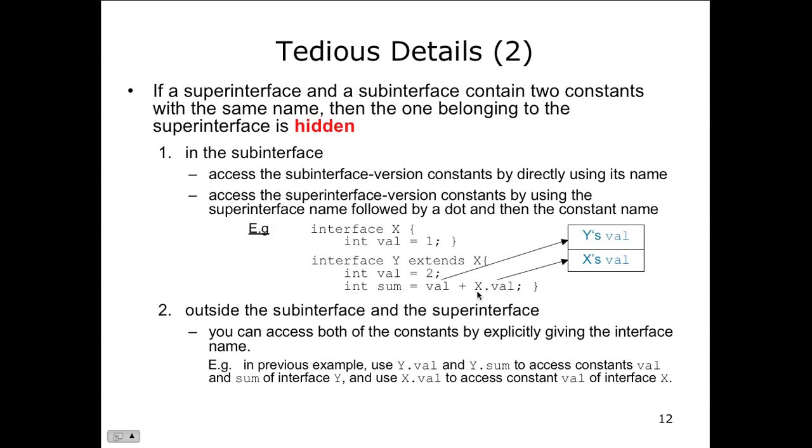When we've inherited one interface from another interface, the sub interface's version is always going to be the one that's used first. If you want to go back, you've got to explicitly say, go back to the previous interface and use it from there. Otherwise, it's hidden. It's not visible.